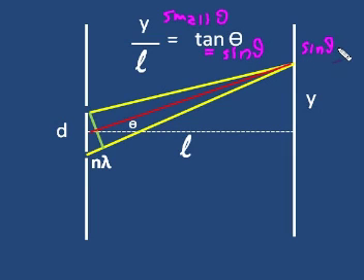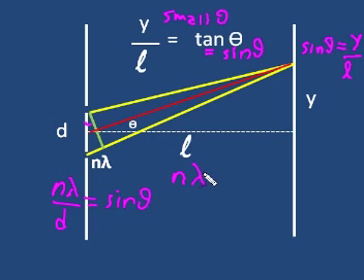So what I can actually say is the sine of theta is y divided by L. Now, what that means is there's theta right there, that little check mark I put in purple, and I can say n lambda over d, opposite over hypotenuse, is equal to the sine of theta. And therefore, I can say n lambda is equal to d sine theta, and that's one of the very important formulas.